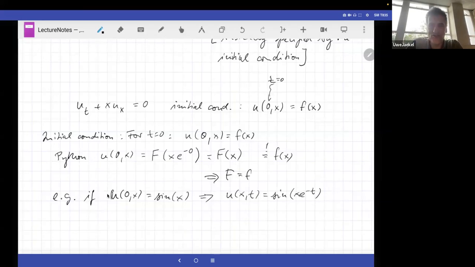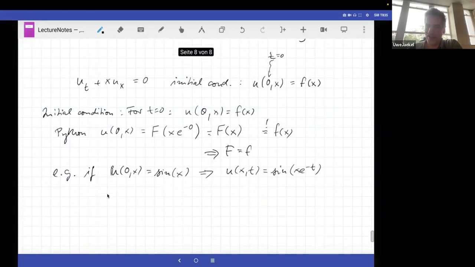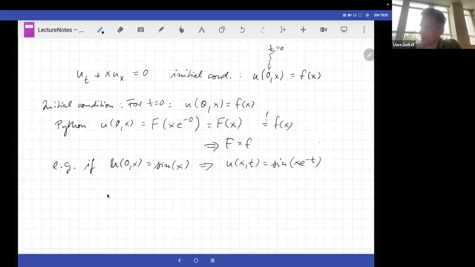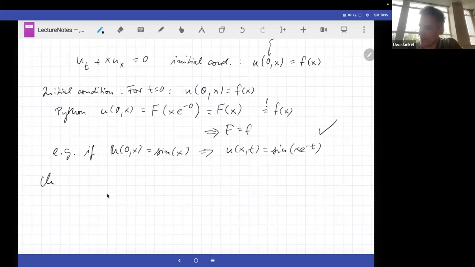That would be the solution of our problem. So the initial condition we have fulfilled, and let's check if the PDE is fulfilled.